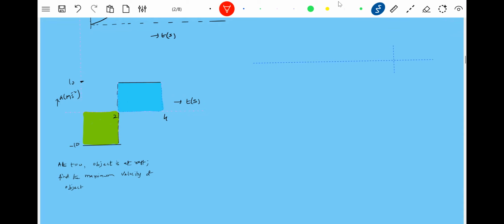First the object is going to move towards the left at t equal to 0. How much acceleration? 10. For what time? For 2 seconds. Let's calculate the distance covered for 2 seconds. S02 should be equal to half into 10 into 2 square. 20 meters it will cover.